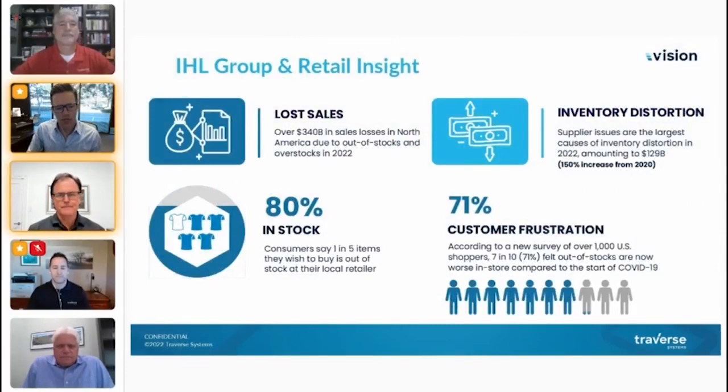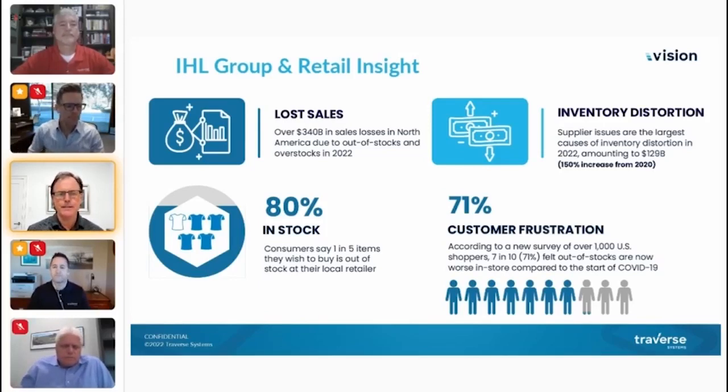So if you could, tell us, what are you and the Traverse team seeing in the marketplace today? Thank you, Jason. And on behalf of the entire Traverse Systems team, I'd like to thank our audience today for joining us. Jason, what we're seeing is all over the place. A combination of too little inventory and too much inventory.